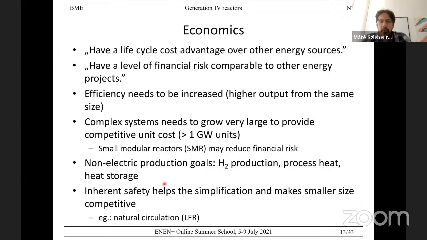Then the production can move away from pure electricity production to other production goals, like production of hydrogen.